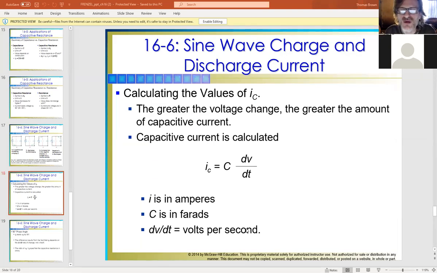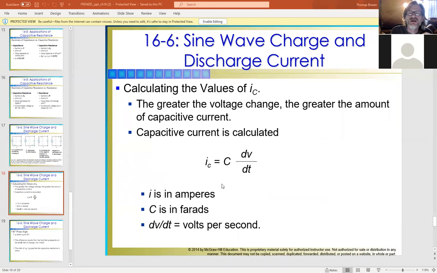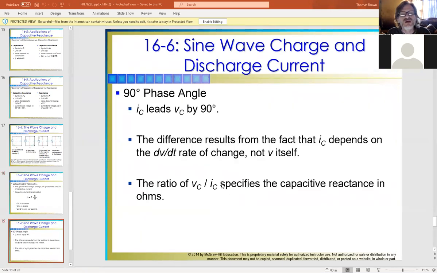And we're not actually going to be using this formula per se, but it is a way to express what is actually occurring with the capacitor. So here's our phenomenon. That's the 90-degree phase angle. IC is going to lead VC by 90 degrees, and that is caused by the reactive effect of the capacitor.